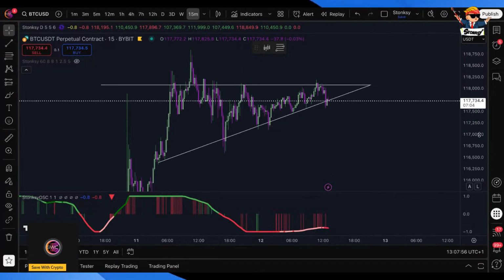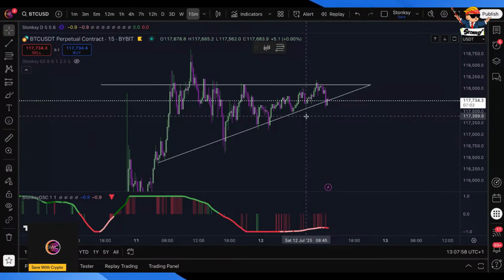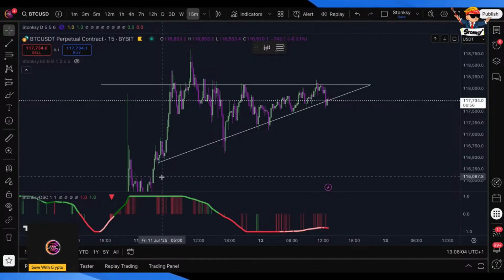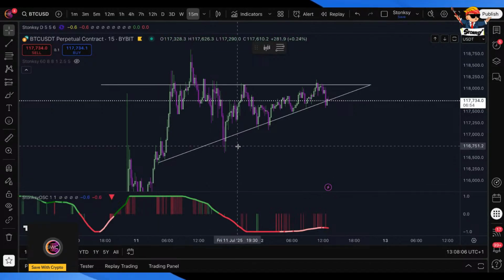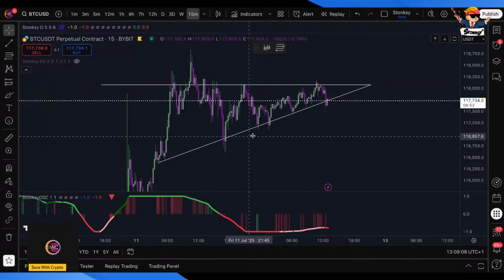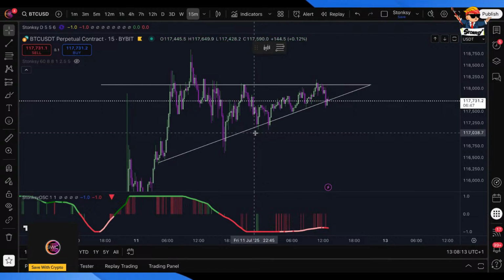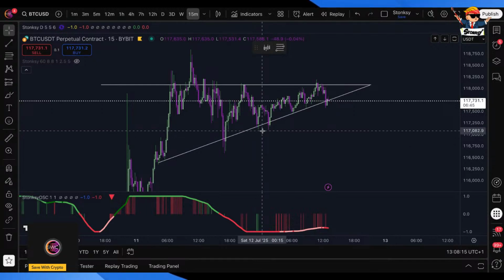Anyway, yeah. So first of all, I'm just going to look at this ascending triangle. Now, I don't think I've drawn that particularly well. I'm drawing this on the 15-minute time frame, and what I try to do with these, if I am using them, is get the lines to either sit on wicks or candle bodies.